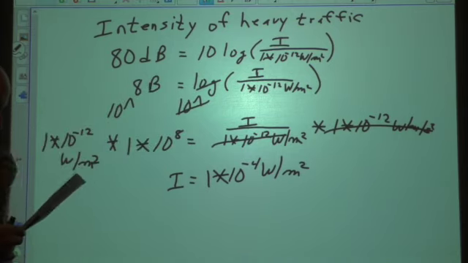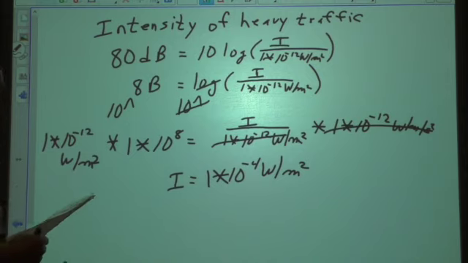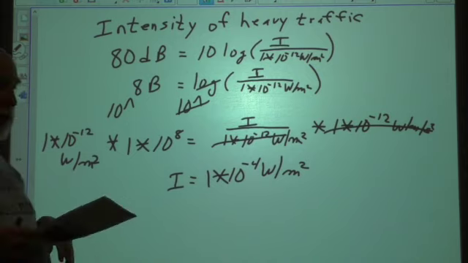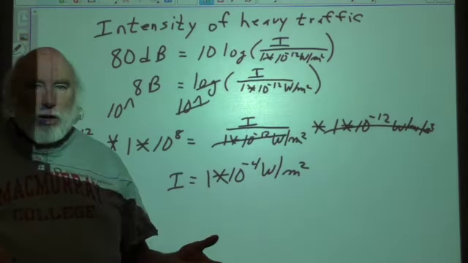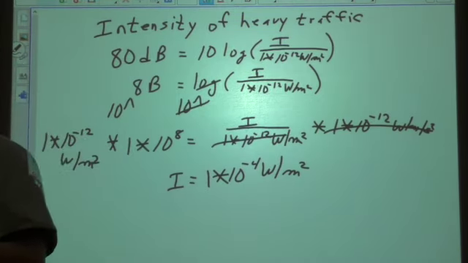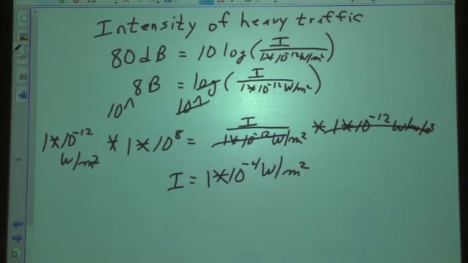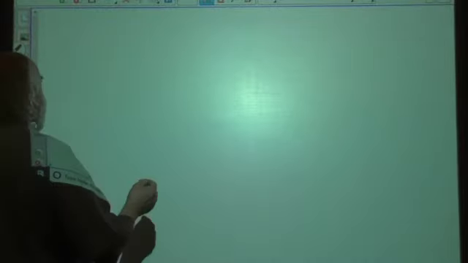So let's take a scenario now where we have 2 decibel levels, and we want to know how many times louder it is or quieter, depending upon what's being asked. So let's go to the next page and take a look at that. Let's suppose that we have a comparison.